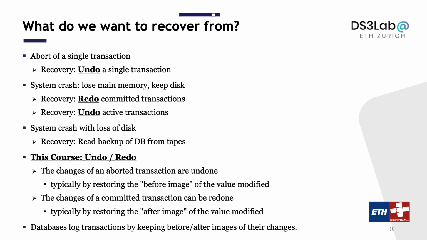So I will always assume my hard drive is fine. I could lose information in my main memory, but my hard drive is still there. That is the assumption that we are going to take in this course.